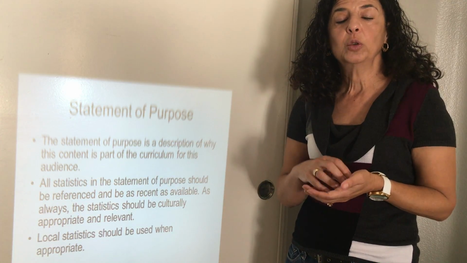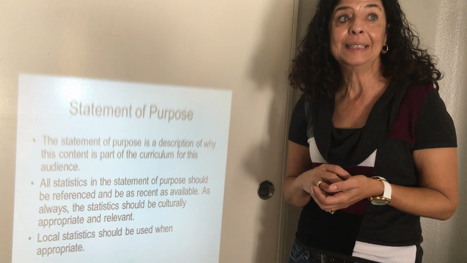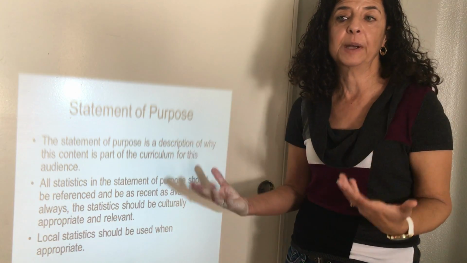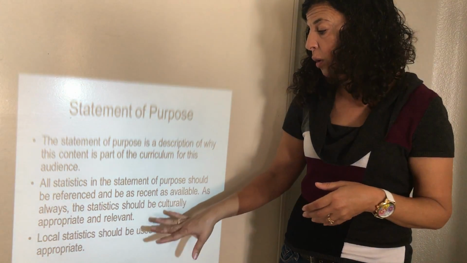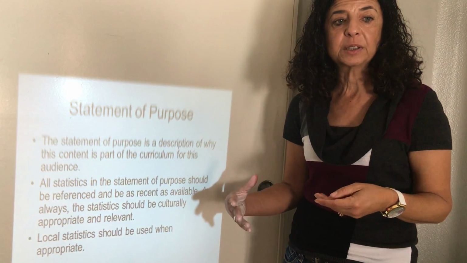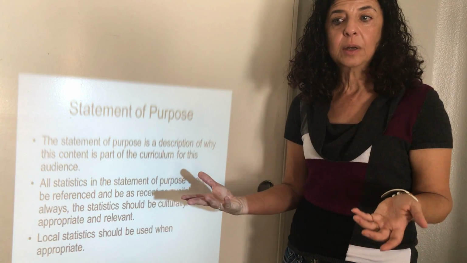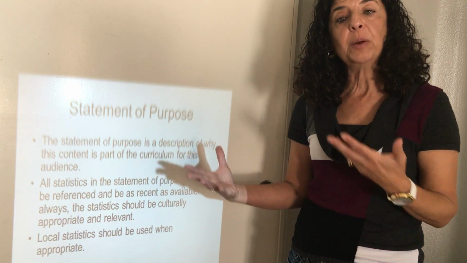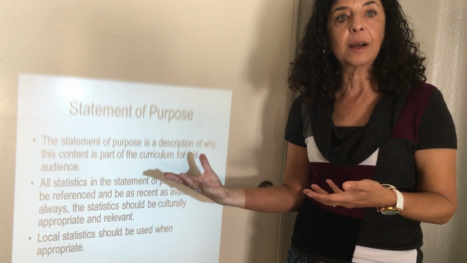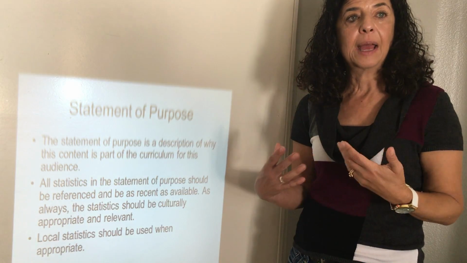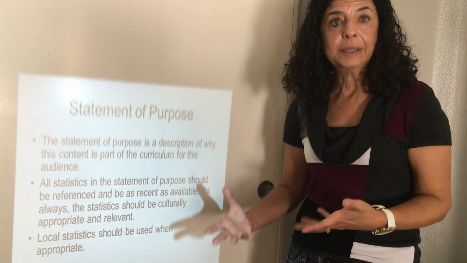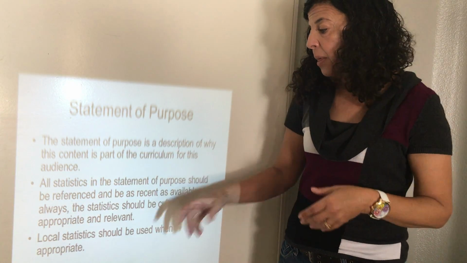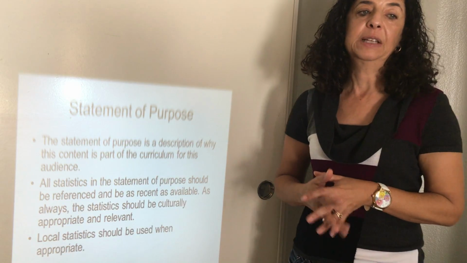However, when you look at certain neighborhoods and certain cities within Orange County, we see great disparities. So making sure that you localize your statistics whenever possible. Like if you're going to do a presentation for students at Cal State Fullerton, you may want to have some statistics from Cal State Fullerton, or you may want to have some statistics about student athletes or the Greek system. The more you can customize it, the more believable you'll be.